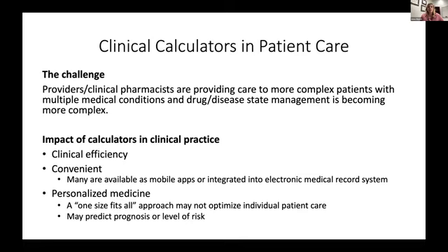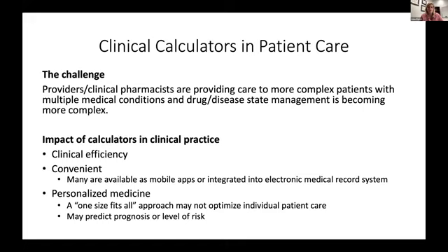Calculators have also helped us shift into the future of healthcare, right? Individualizing patient care in order to optimize our care and our outcomes. We're moving away from this traditional one-size-fits-all approach. Additionally, these calculators can help us make clinical decisions if they're not dosing calculators, for example.